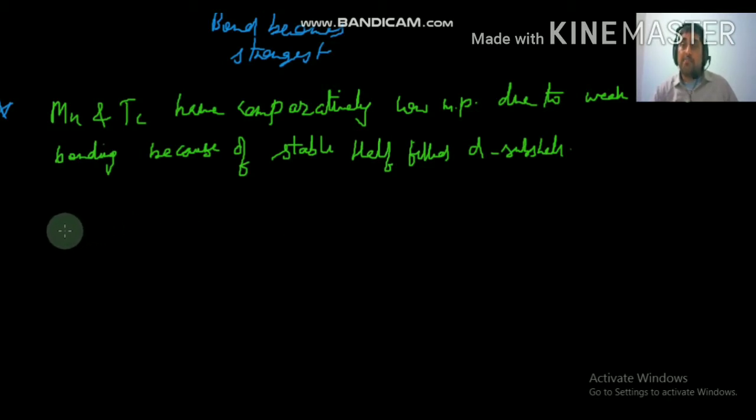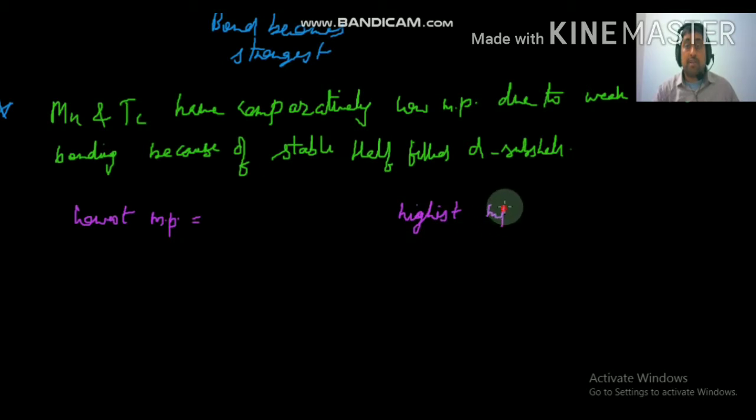In the last part we have discussed the melting and boiling points of transition metals. Before I proceed further, let me ask you one question. You have to tell the transition element which has the lowest melting point and the transition element which has the highest melting point.